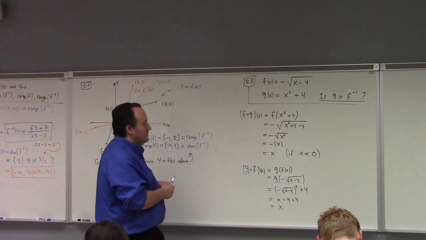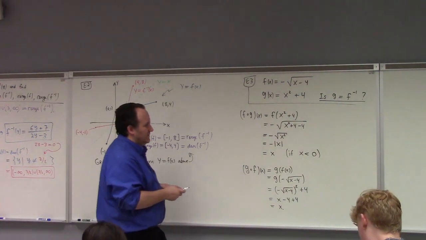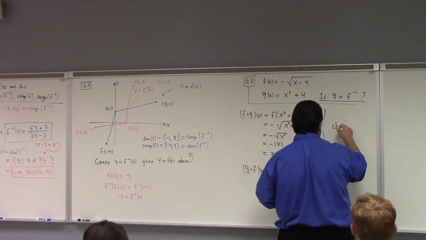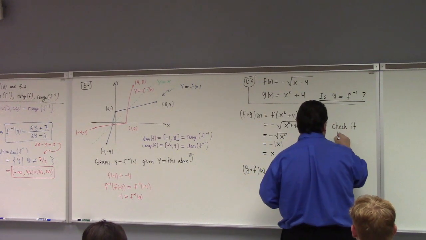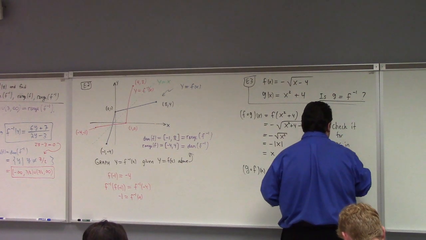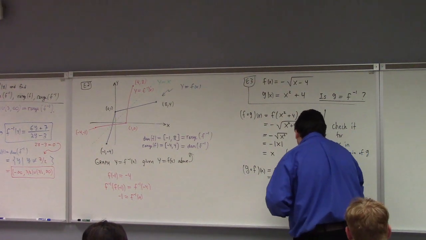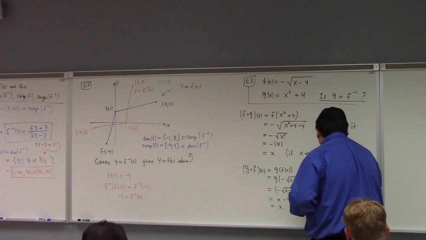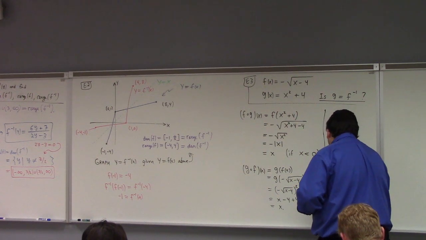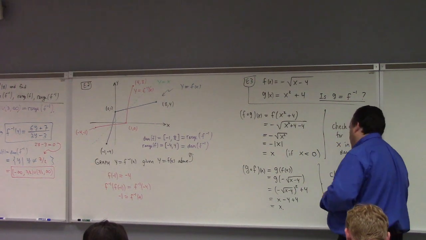Aha! Now, to be fussy, we're supposed to check this. We're supposed to check it for x in the domain of g. And this we're supposed to check for x in the domain of f, all right?